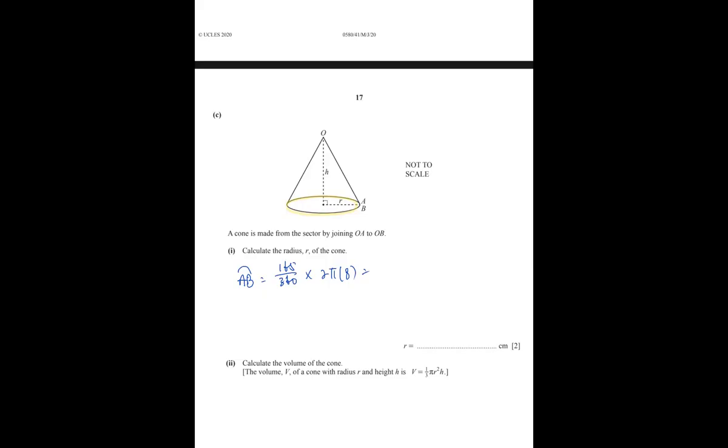Okay, I'll get 23.038. Then this becomes the circumference of the base of the circle. So 2 pi r equals 23.038. I should get 3.67. Okay, so the base radius is 3.67. Calculate the volume of the cone. Again, the question graciously gave you the formula. Wait, let me just scroll down a bit.